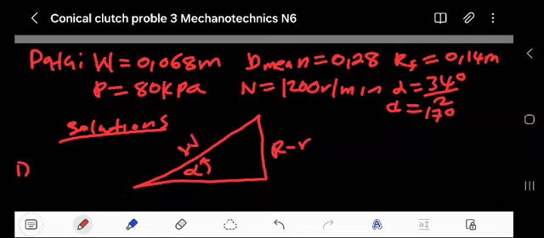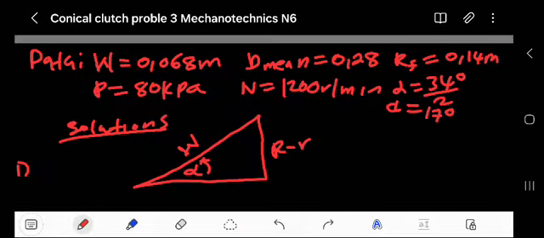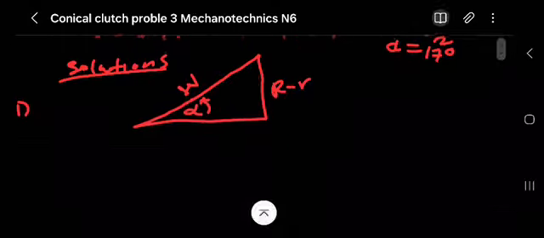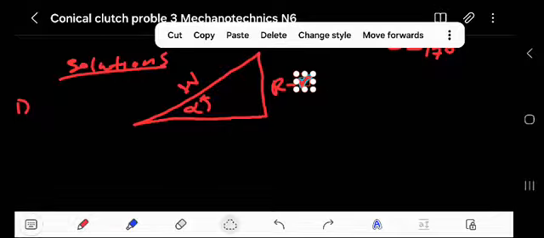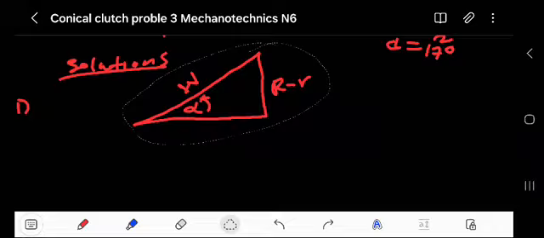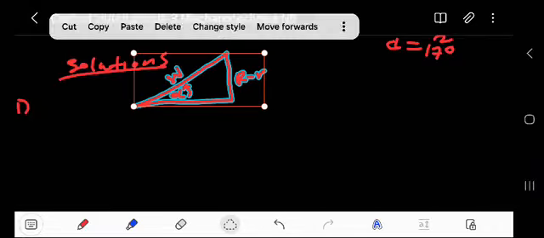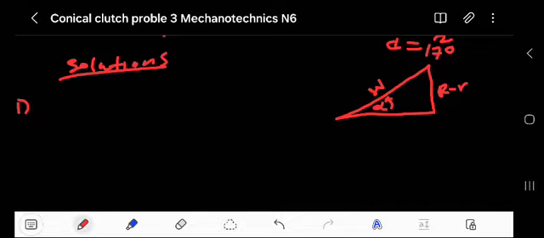So opposite over hypotenuse is equal to what? To sine. Using that, we can easily take our equation: sine of our angle.